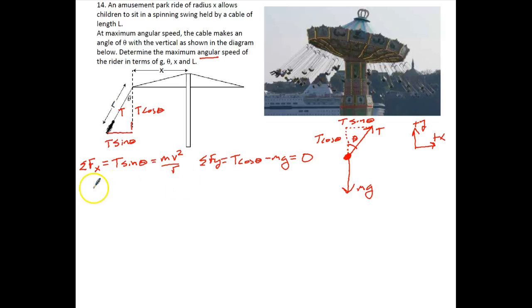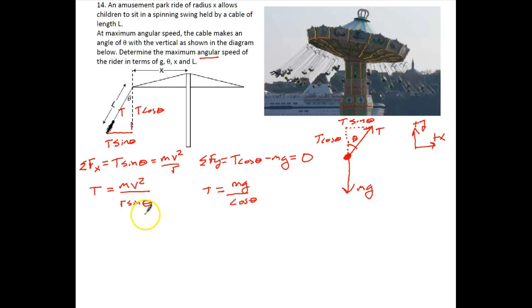Let's go ahead and solve both these equations for T. So T is equal to mv squared all over r times the sine of the angle. And the other one is T is equal to mg all over the cosine of the angle. Now for this one, it says angular speed, but remember v is linear speed.